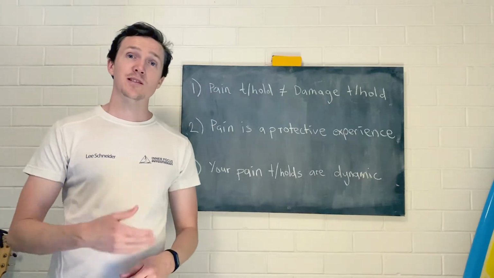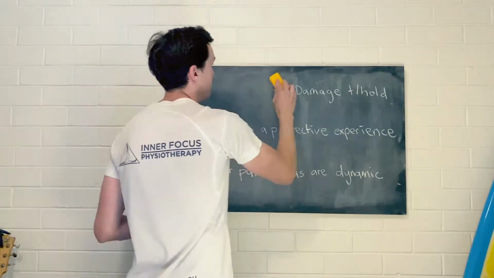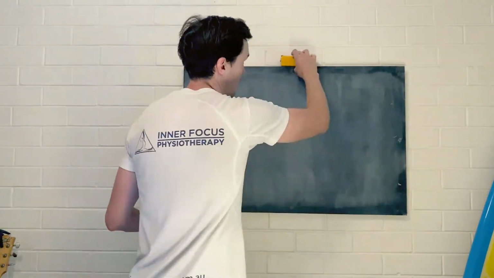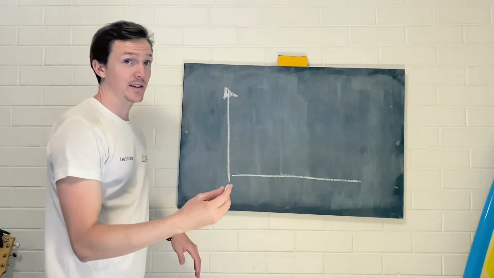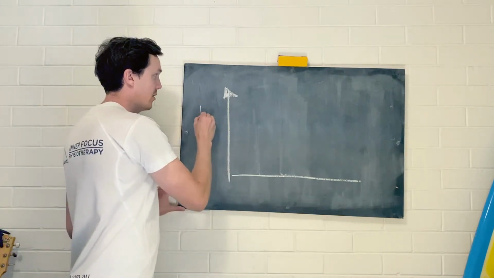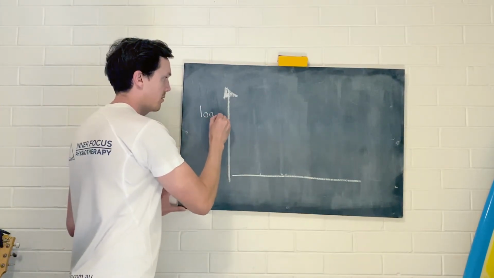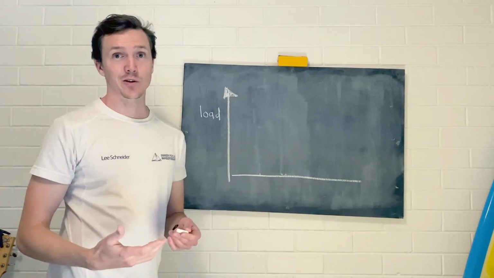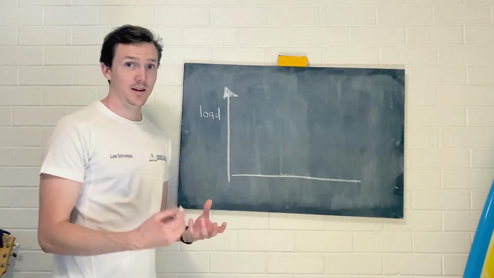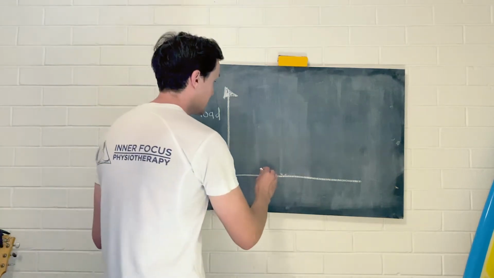Okay, so let's draw this up as a graph. So on the y-axis here, we have load. The further up you go, the more load that's going through the tissues. Okay, and over here, we're going to draw a box.